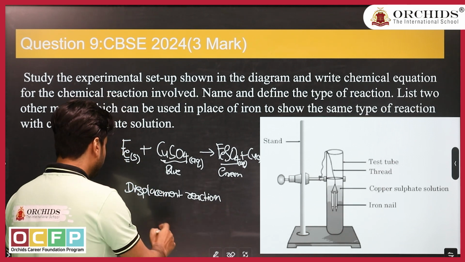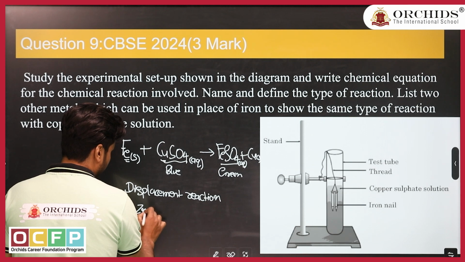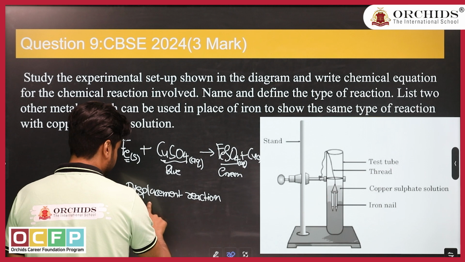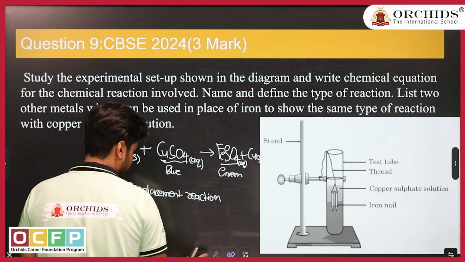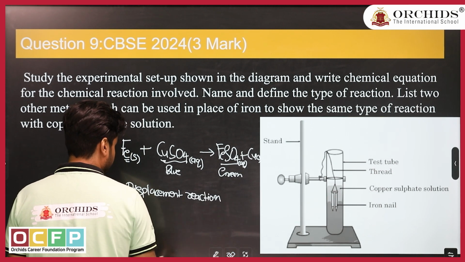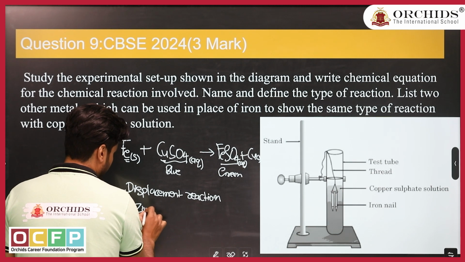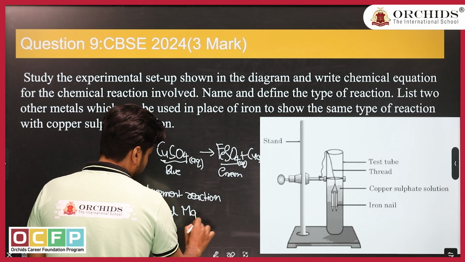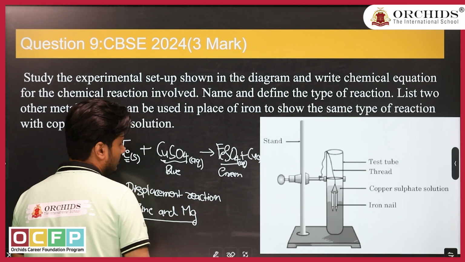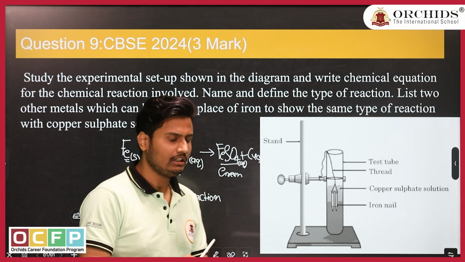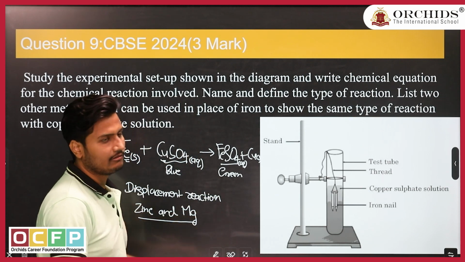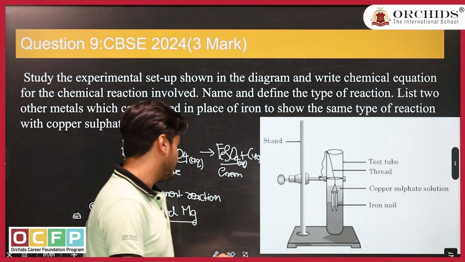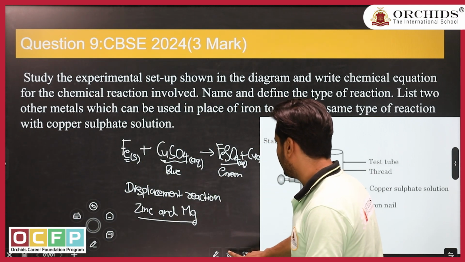So for example, zinc and magnesium are both above copper in the reactivity series. So both can replace copper from its solution. So this is our answer. Let's move on to our next question.